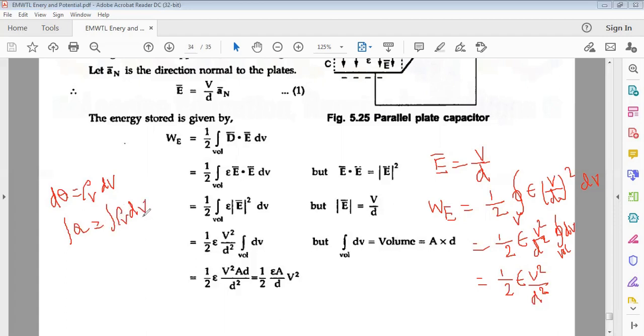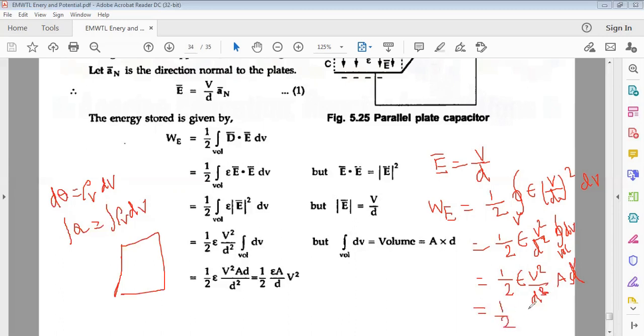The integral of dv is the volume, which is the area, the surface, times the line, so totally it is area into the distance. That is nothing but the volume. So A into d, and here one of the d's gets cancelled.